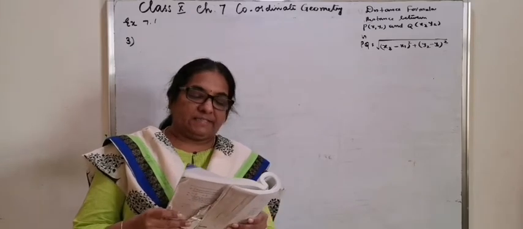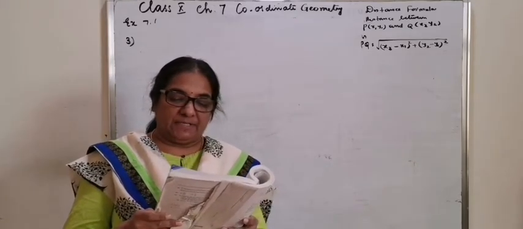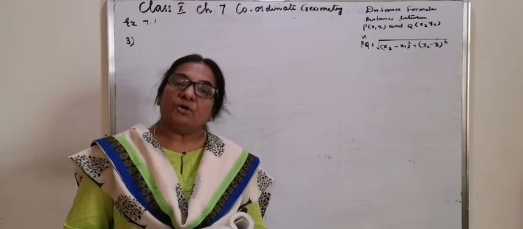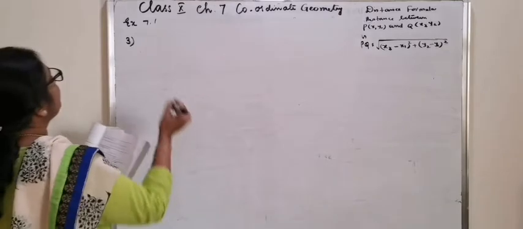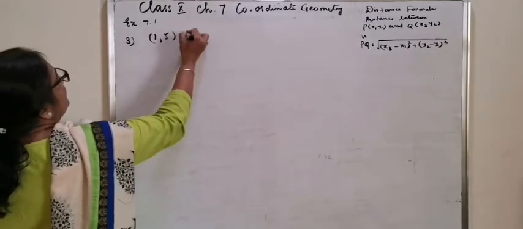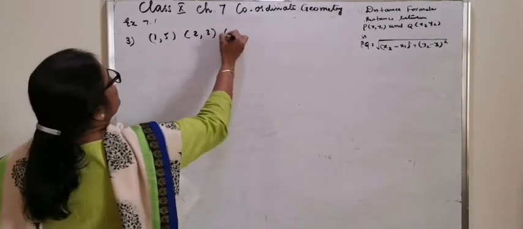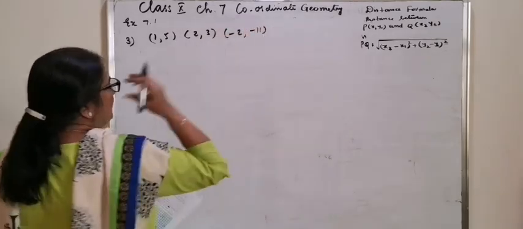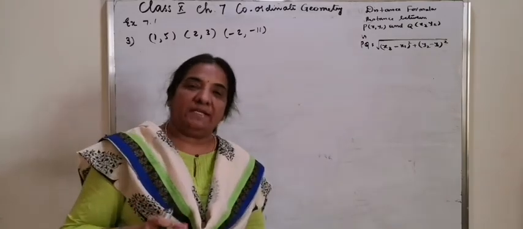Question 3. Determine if the points 1, 5, 2, 3 and minus 2, minus 11 are collinear. The points are 1, 5, 2, 3 and minus 2, minus 11. How do you know that 3 points are collinear?